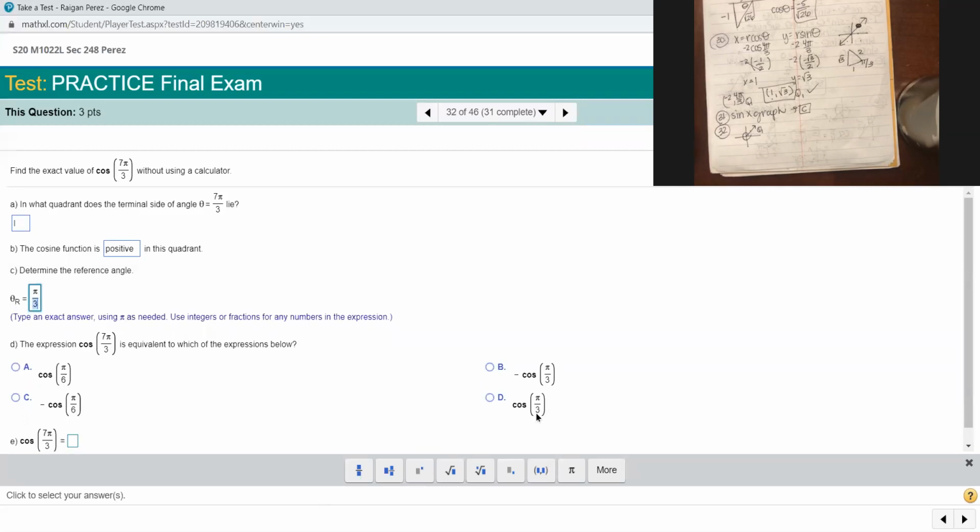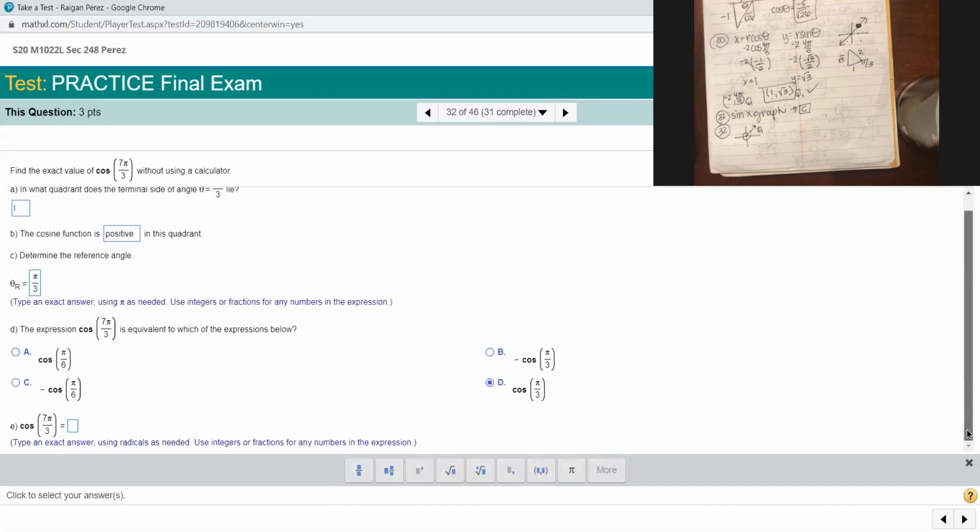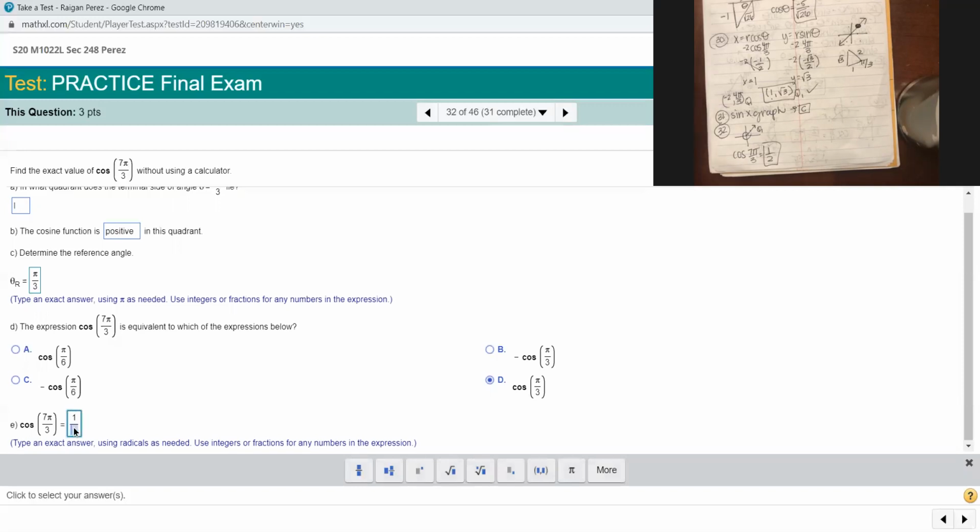So now I'm looking for cosine of pi over 3, the positive version. And cosine of pi over 3 is 1/2. So cosine of 7 pi over 3 is 1/2. Oops, I switched it. Be careful that you don't do that on your test.